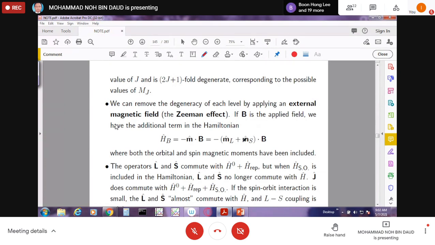We can write it like this, using the sum of these two magnetic moments operator.